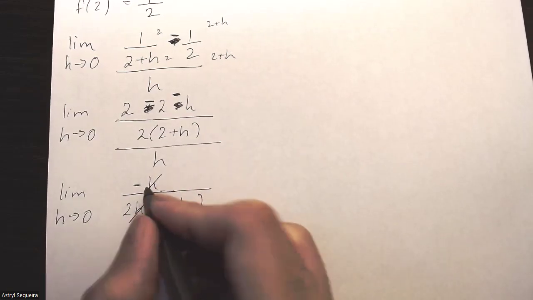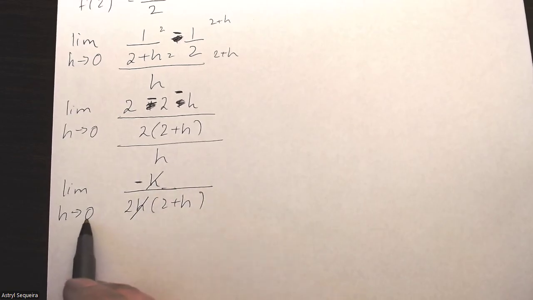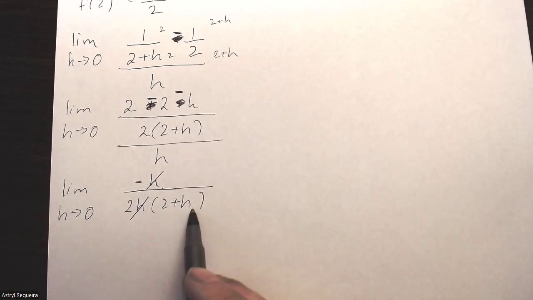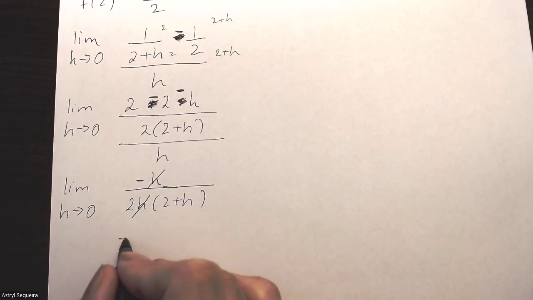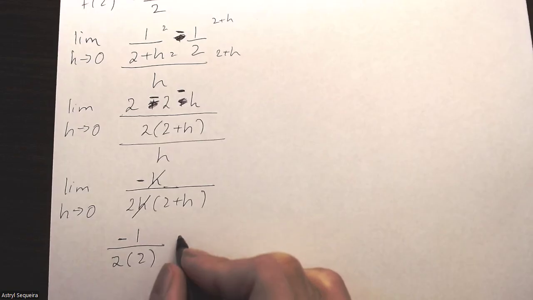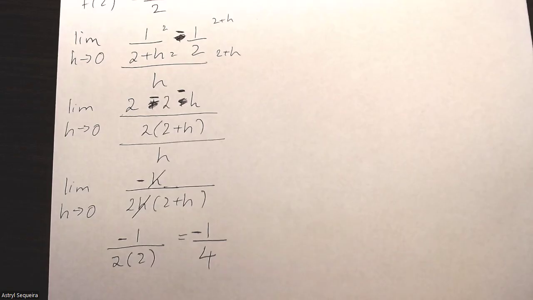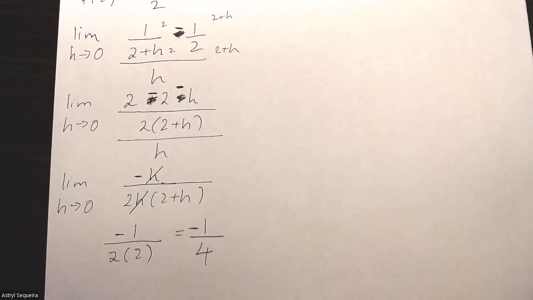Then these two h's can cancel out. Once you cancel out the h's, that's when you can sub in h as 0. So I'm left with negative 1 over 2 times 2, which is negative 1 over 4. That's my solution for the first question.